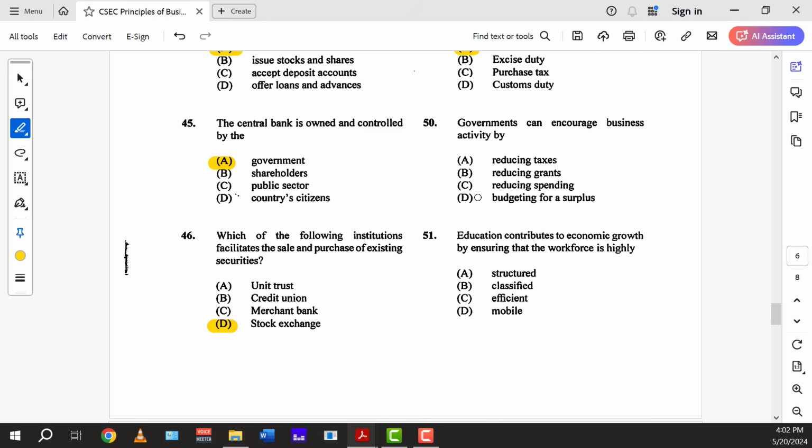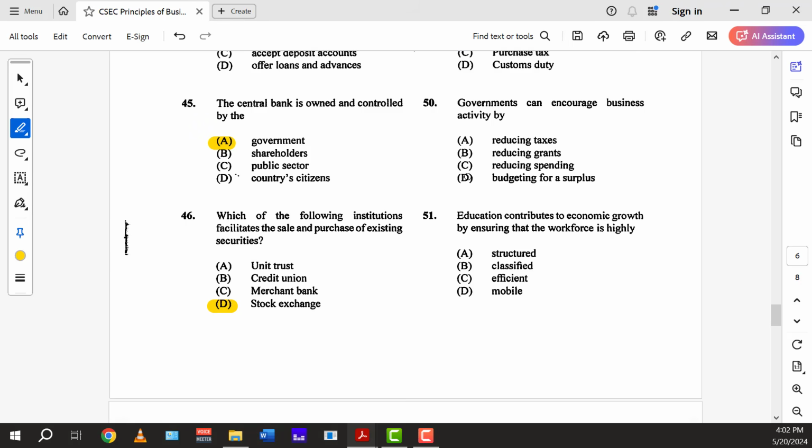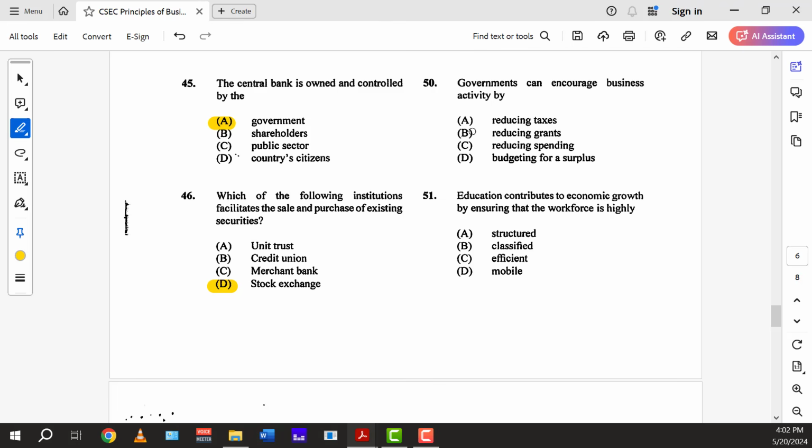50. Governments can encourage business activity by A. Reducing taxes. B. Reducing grants. C. Reducing spending. Or D. Budgeting for surplus. Now, best answer A. Reducing taxes. Right? Because of course, when you reduce taxes, people get more disposable income, and so they spend more money.